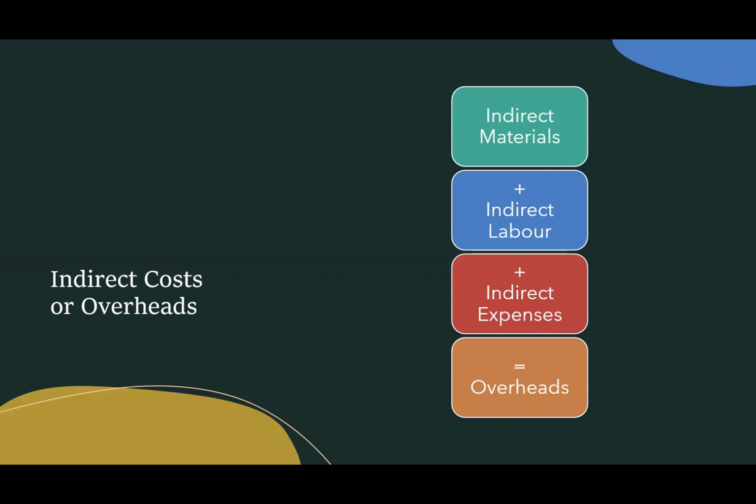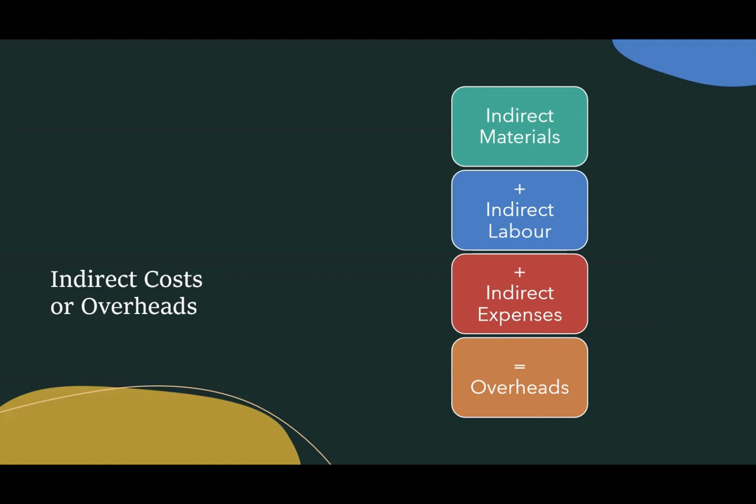The accountant, the waiter, for example, in the restaurant, the accountant, the directors, all of them are considered to be indirect labor because they are not involved in producing the product, the cake. But still, they work for the company, they are on the payroll of the organization, and they run the organization, and hence we consider it your indirect labor.